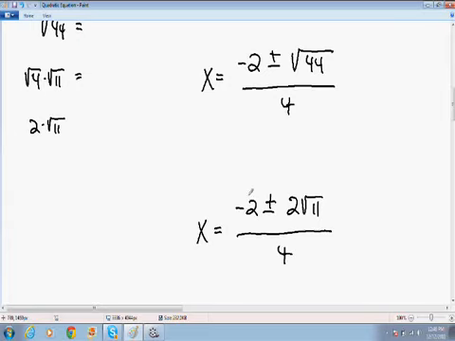We have 3 terms: a negative 2, a 2 square root of 11, and 4. If you notice, all those 3 terms have a common factor of 2, because negative 2 can be divided by 2 easily, 2 square root of 11 can be divided by 2 easily, and 4 can be divided by 2 easily. Since they all have a common factor of 2, we need to simplify this even more.